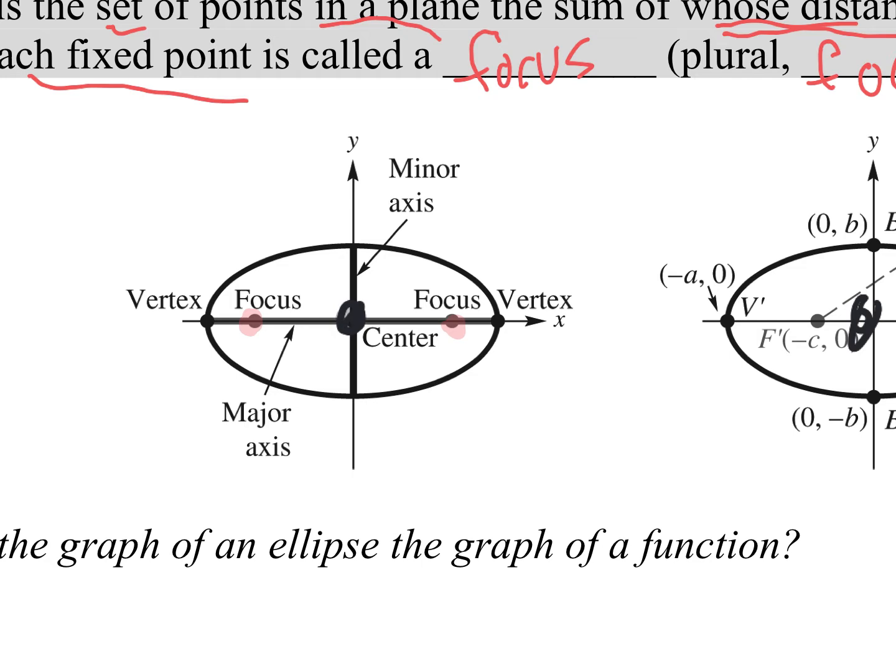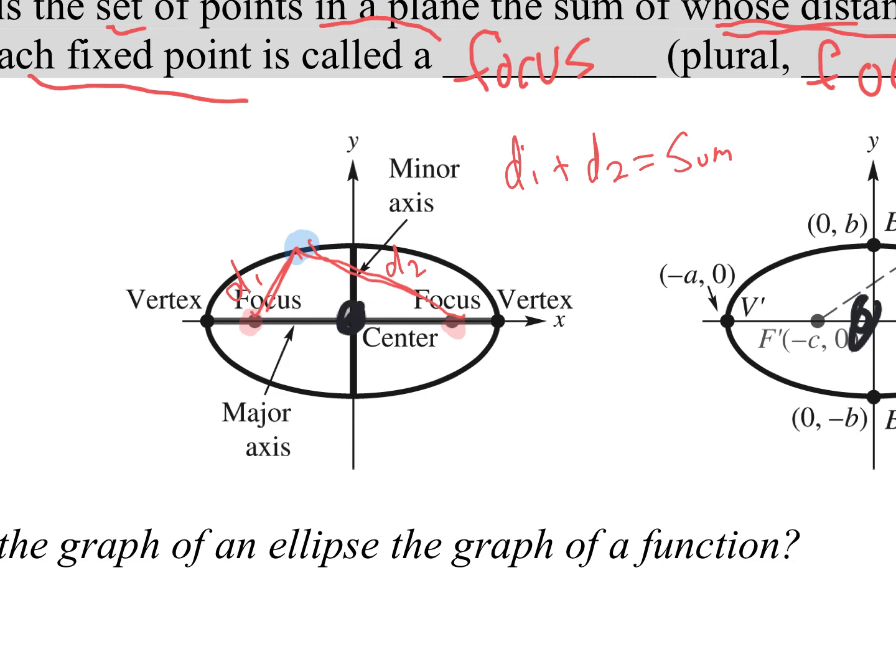And what happens is, if you take any point on that ellipse, I'll go here, and we take the distance from this focus to that point and from this focus to that point, I'll call the first one distance one, the other distance two, and distance one plus distance two equals the sum.